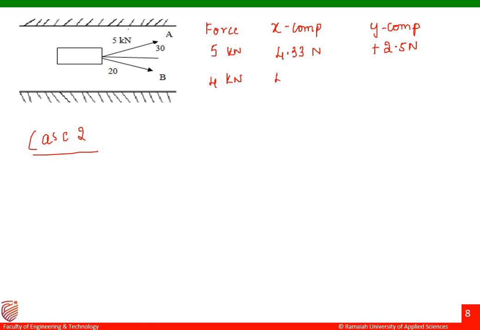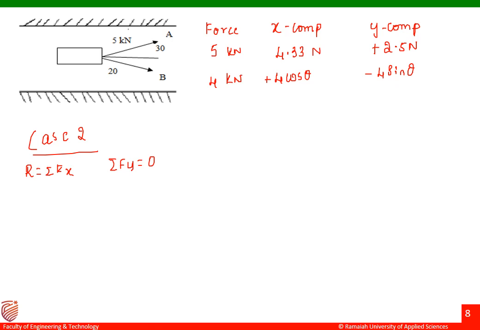My x component would be plus 4 cos theta, and the y component is minus 4 sin theta. What is given in the question? The resultant is acting along the x direction, and summation Fy is equal to 0.